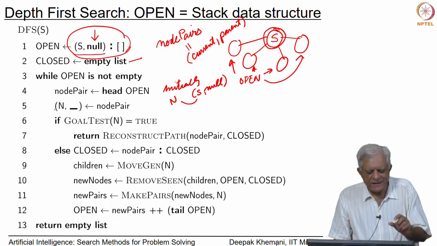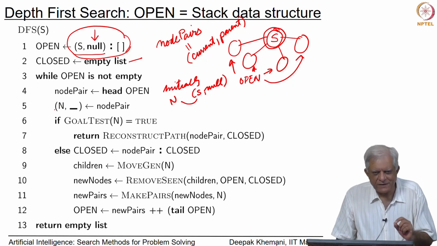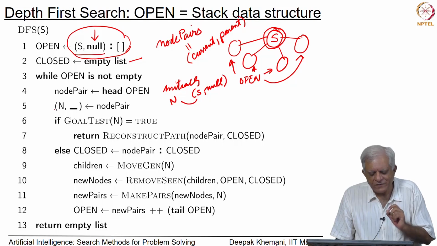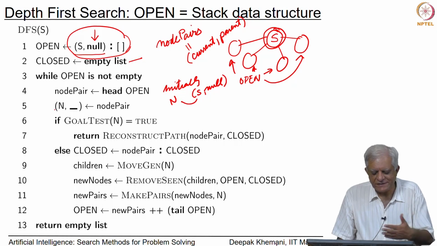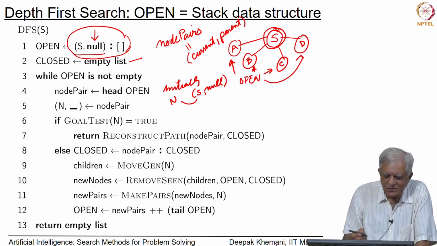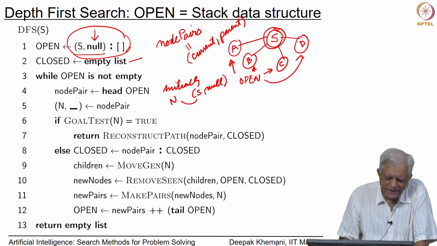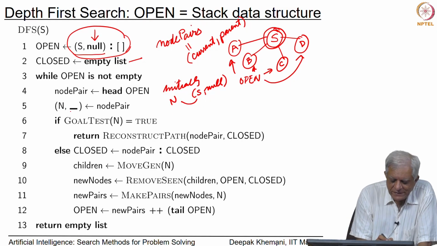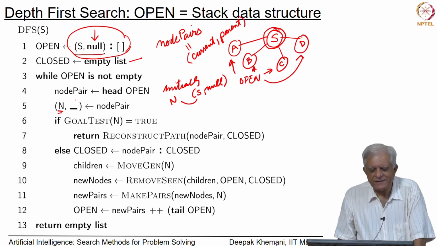So, n is the name of the variable that we are always picking for inspection. In the first instance it would be S, in the second instance, for example, if we pick node A, it would be A, in the third instance it might be B, in the fourth instance it might be D, C and D and so on. Whichever is the node, we will refer to that as n, and like we discussed in the last class, this is the first element of a pair, and we are not particularly bothered about the parent at this stage.